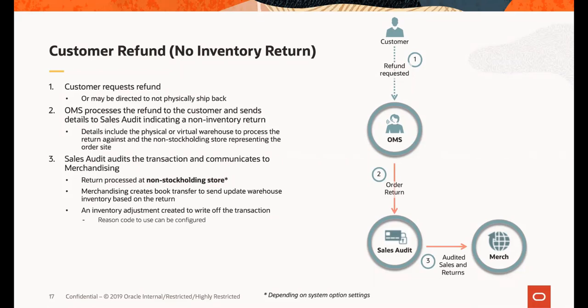That is something that can be configured, which reason code you want to use for that type of adjustment. We only support no inventory returns against warehouse locations. So that's why the warehouse is important as part of this overall process.